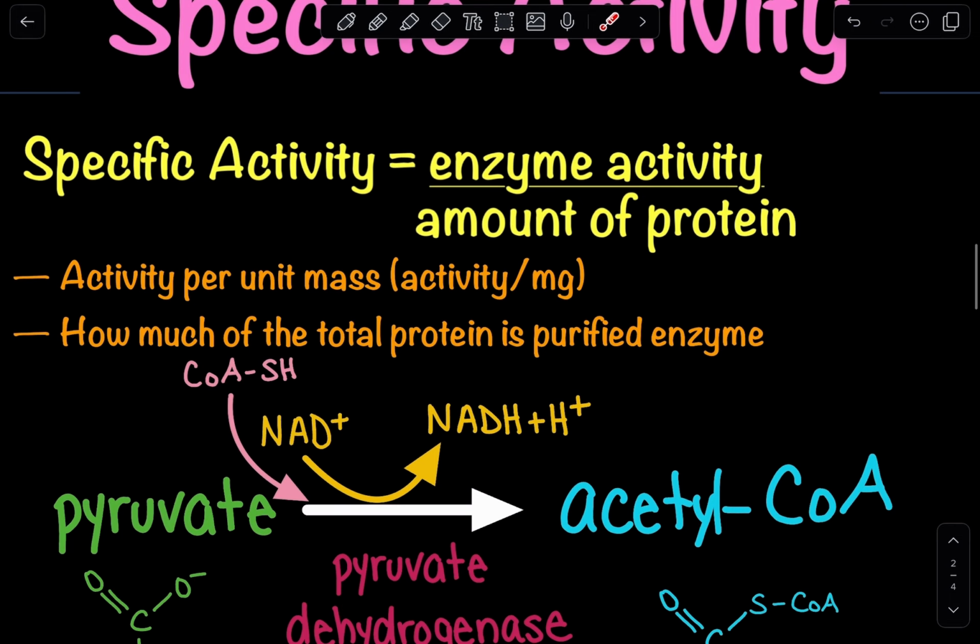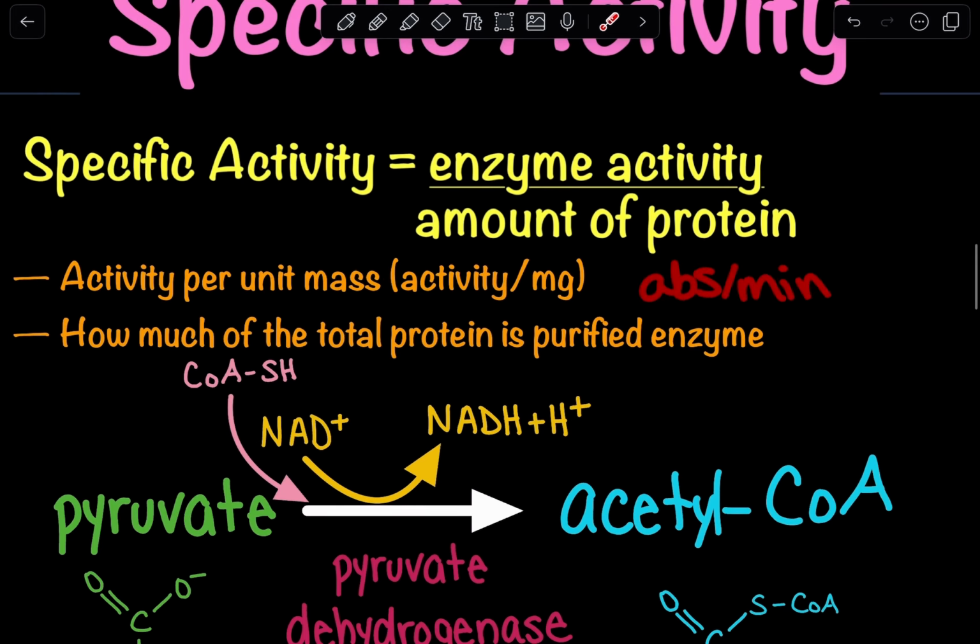Going back up here, we can look at the specific activity definitions, where specific activity is the enzymatic activity divided by the amount of protein that we have. The units for specific activity are activity units, which could be absorbance per minute, moles per minute, whatever the activity is, divided by the mass, often defined as milligrams.